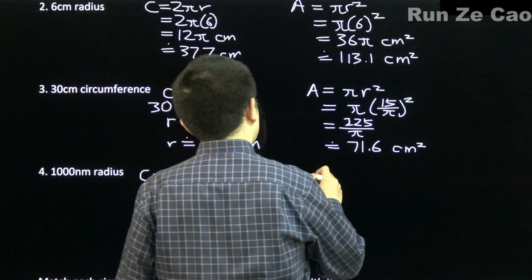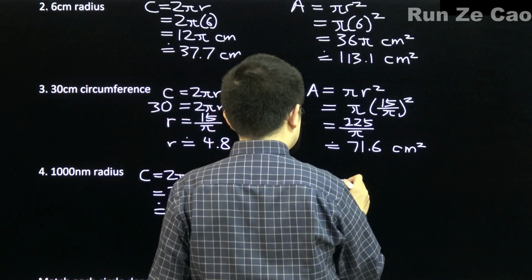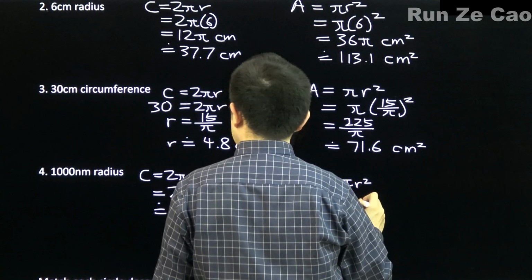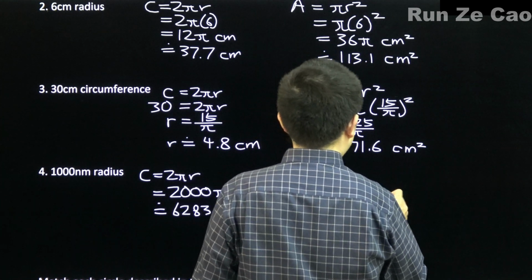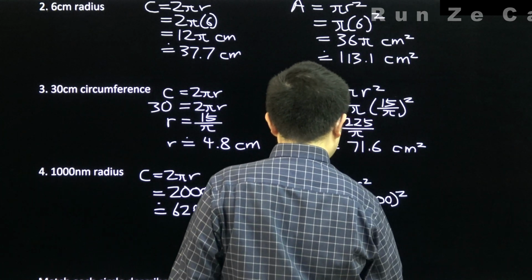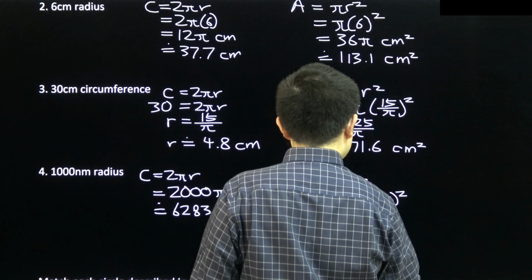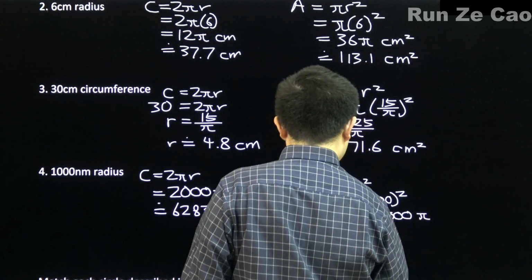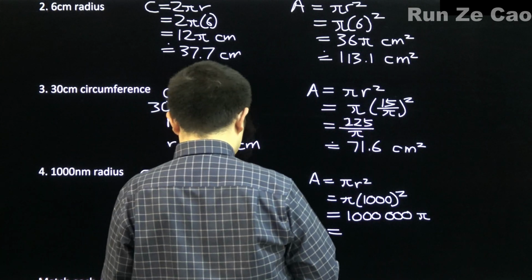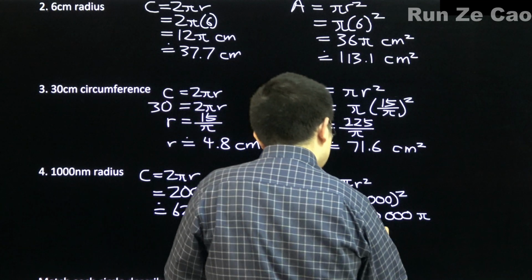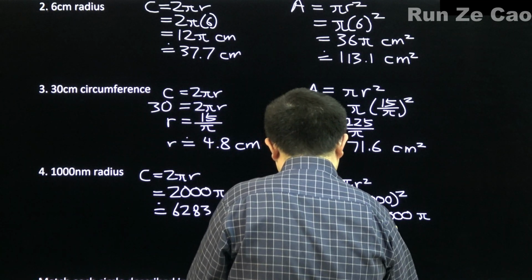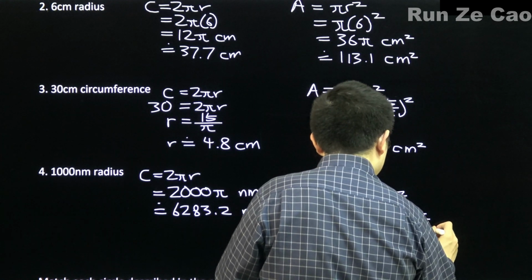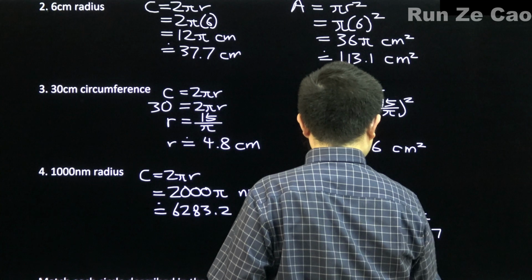What about the area? Area is equal to pi r squared, which is equal to pi times 1,000 squared. Therefore, it's 1,000,000 pi. And that's 3141592.7 approximately.